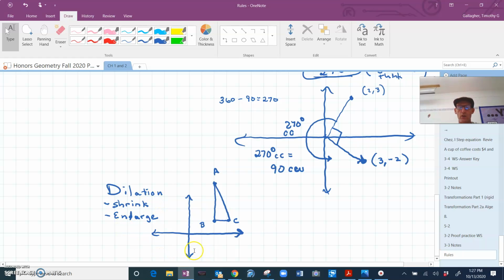So when you shrink or enlarge it, you need a center of dilation. And for our purposes, the center of dilation will be (0, 0).